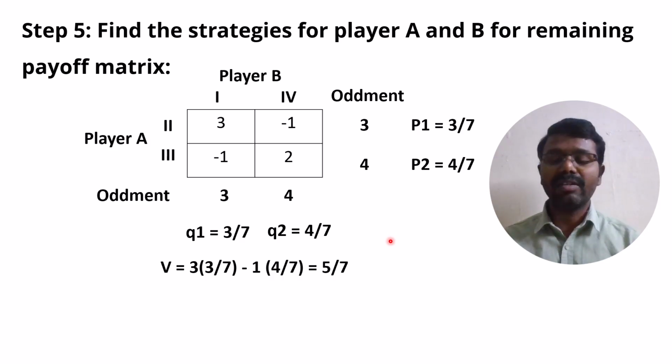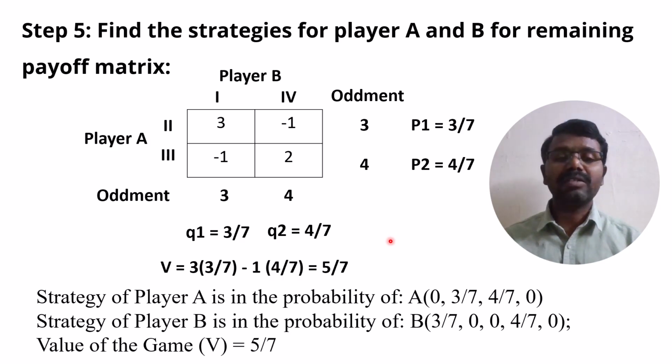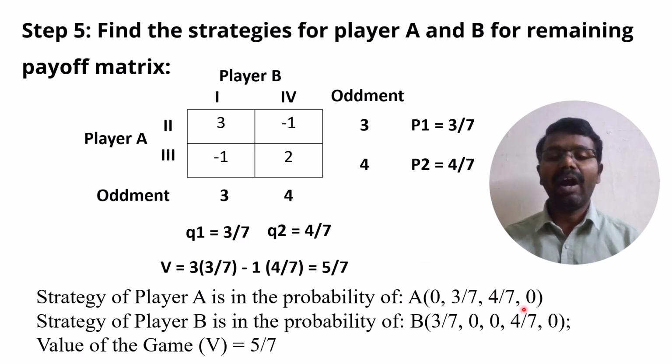So finally we can say the solution is the strategy of player A in the probability of A. There are 4 strategies for player A, but player A should not select the first strategy, so that is 0, and the probability for the second strategy will be 3 by 7, and the third strategy will be 4 by 7, and the fourth strategy is deleted here, so that becomes 0.